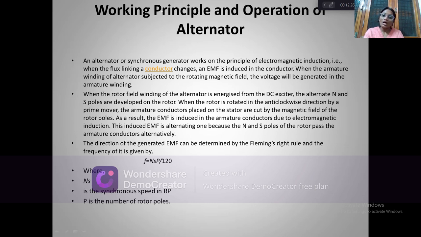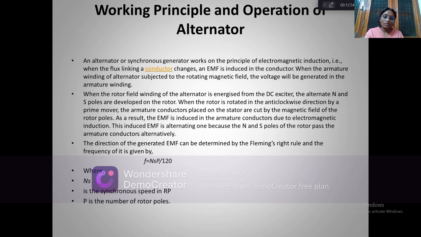That is, when the flux linking a conductor changes, an EMF is induced in the conductor. When the armature winding of an alternator is subjected to the rotating magnetic field, the voltage will be generated in the armature winding. When the rotor field winding of an alternator is energized from the DC exciter, the alternator's N and S poles, north and south poles, are developed on the rotor.